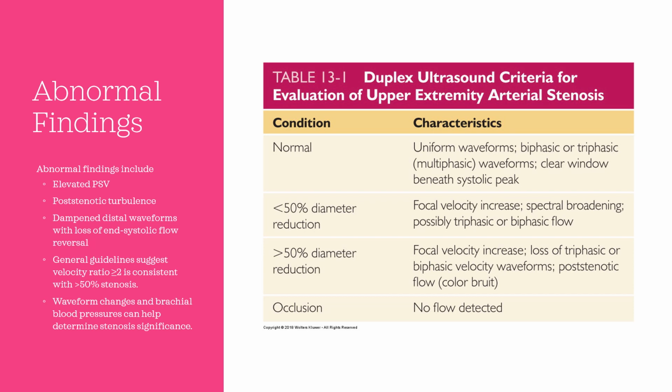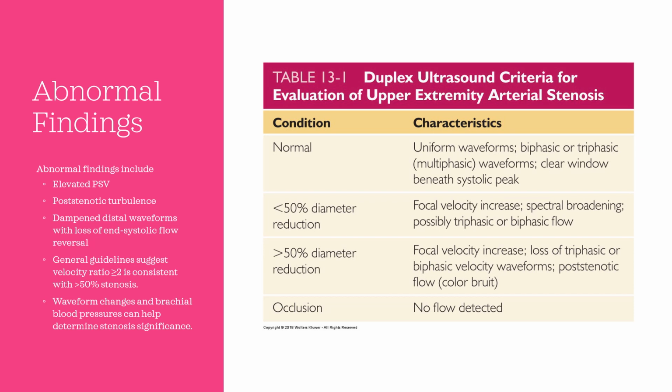If I have a very normal arterial system, I should see that uniform waveform, which is biphasic if it's low resistance and triphasic if it's high resistance. And we know low and high resistance can be normal in any vessel that's feeding a muscle, simply dependent on the metabolic need or the activity level of that muscle at that particular time.